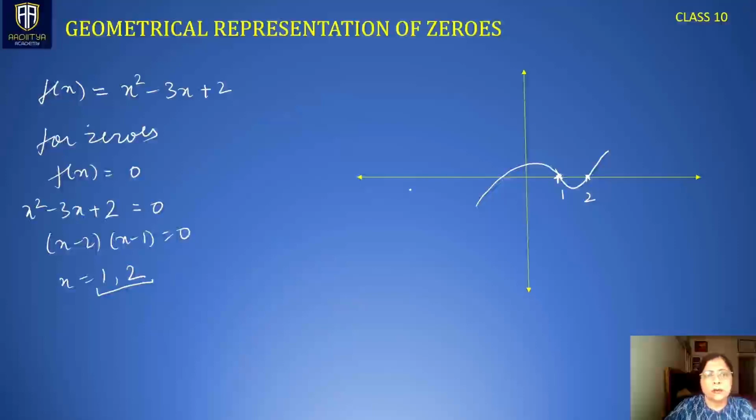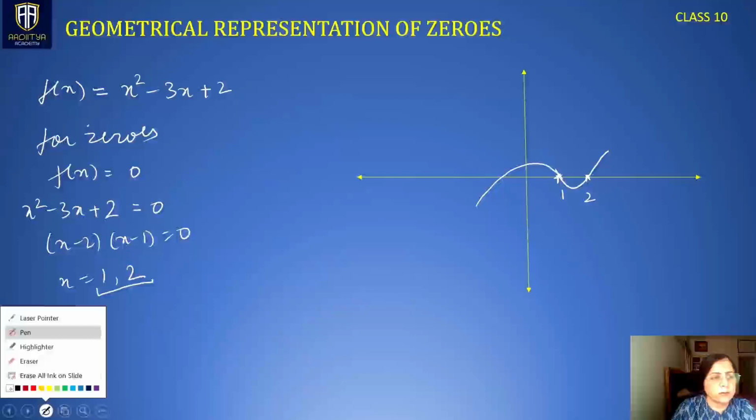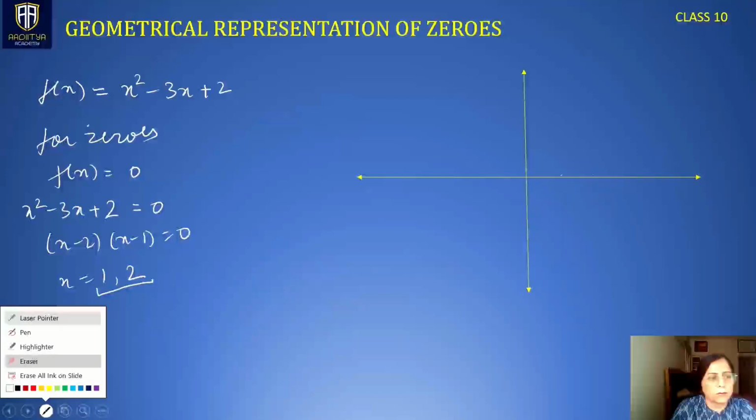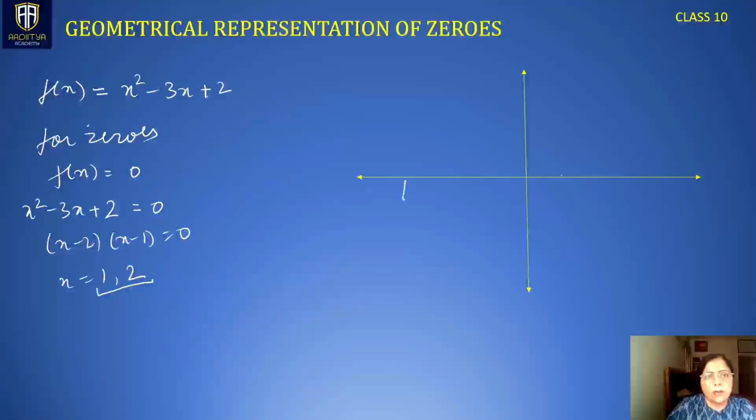If I take a graph like this, let us have an example. See, if I am making a curve like this, how many times is it cutting x-axis? 1, 2, 3, and 4.